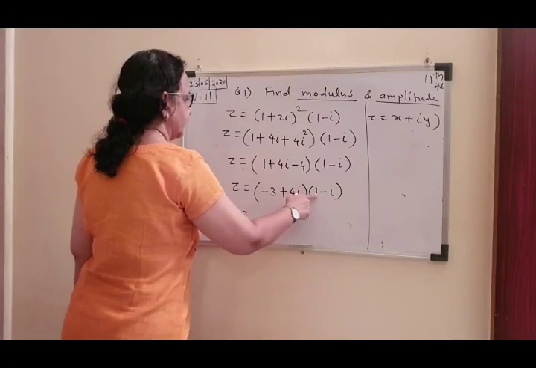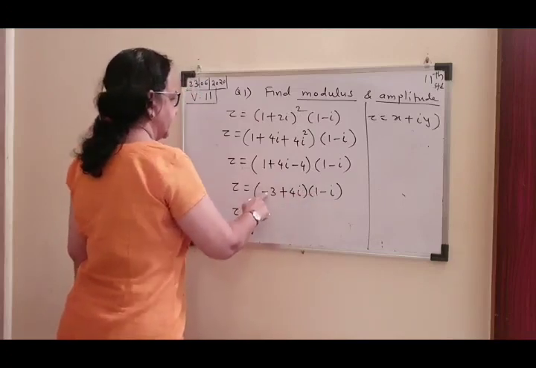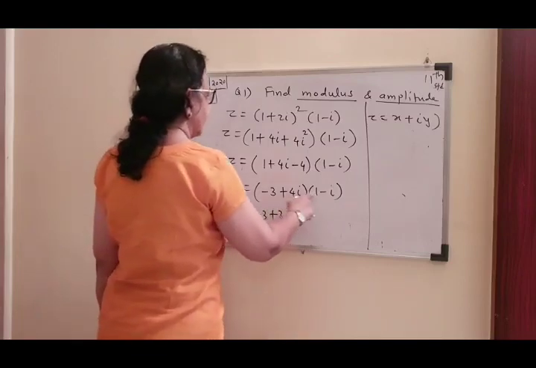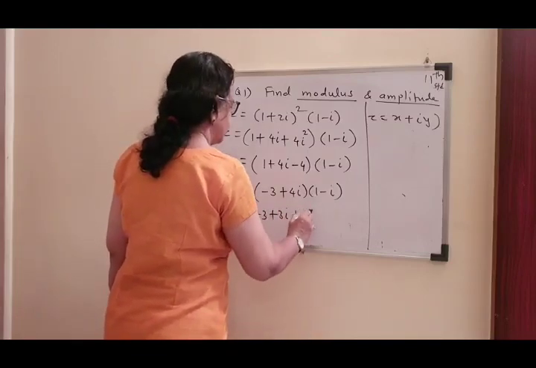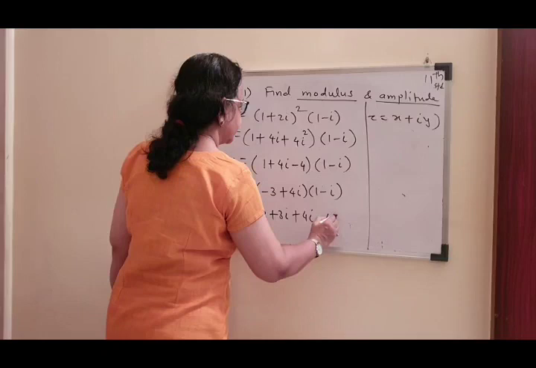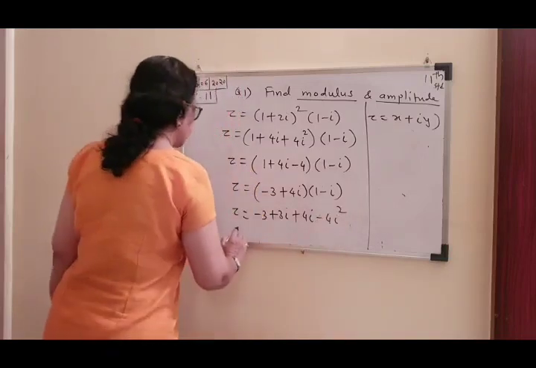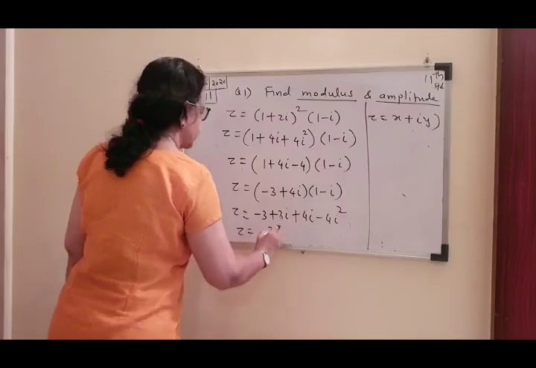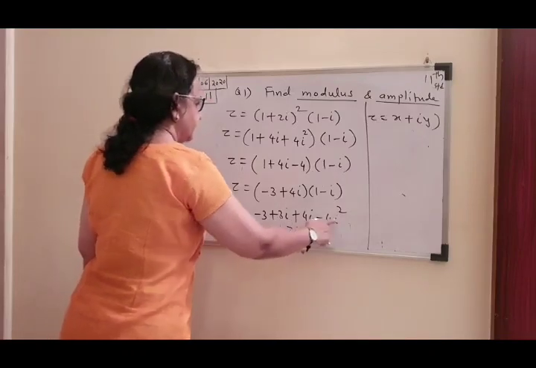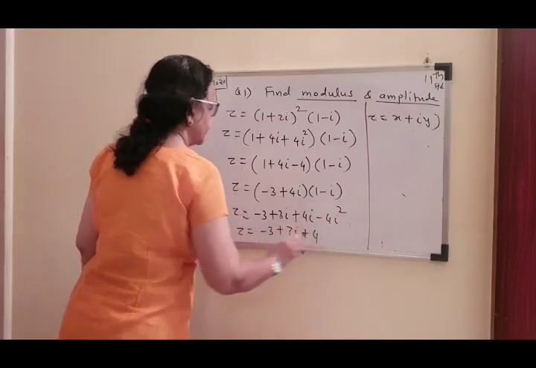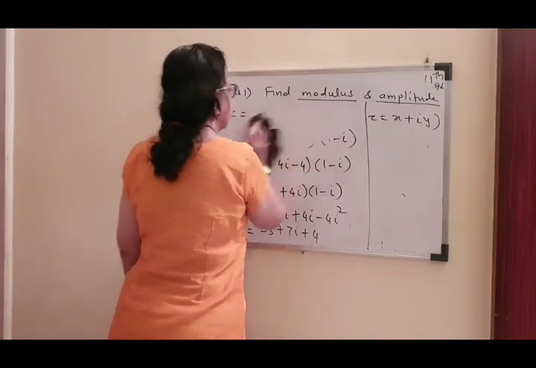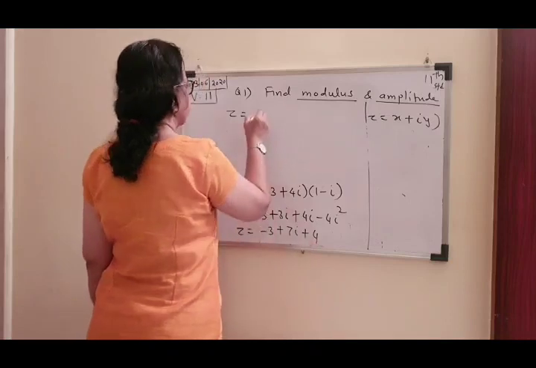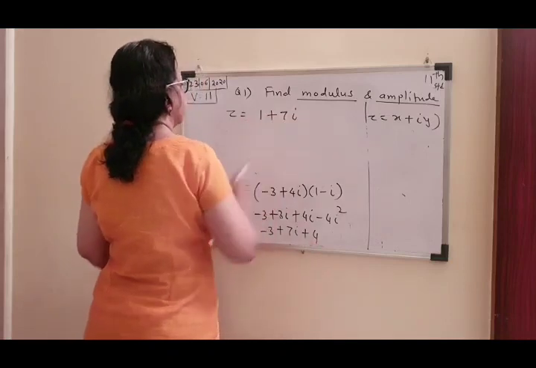So minus 3 into 1, minus 3, minus into minus, plus 3i, plus 4i into 1, plus 4i, and minus 4i square. And so z will be, now, minus 3, plus 4, plus 3, plus 7i, minus into minus, plus 4. So we got finally z as minus 3 and plus 4, plus 1, plus 7i. Check that.